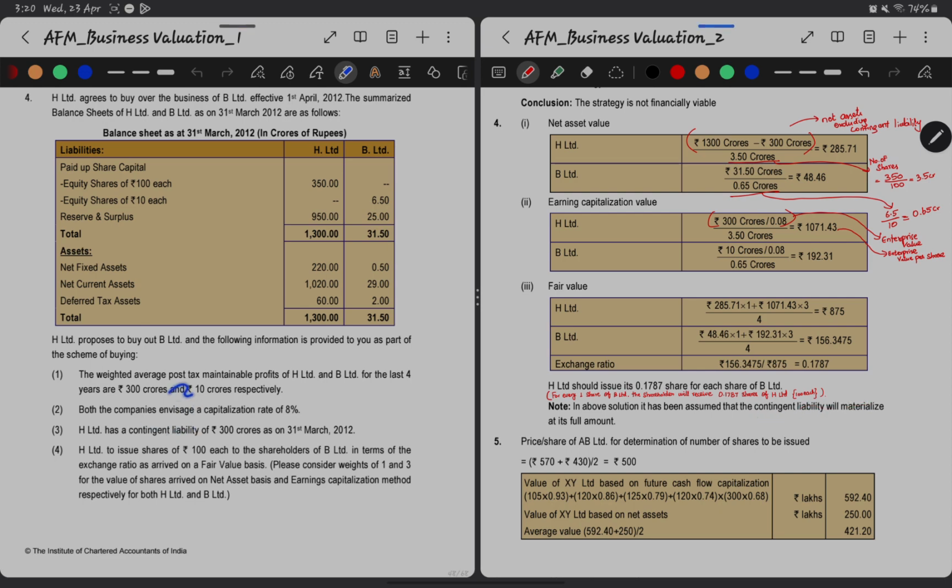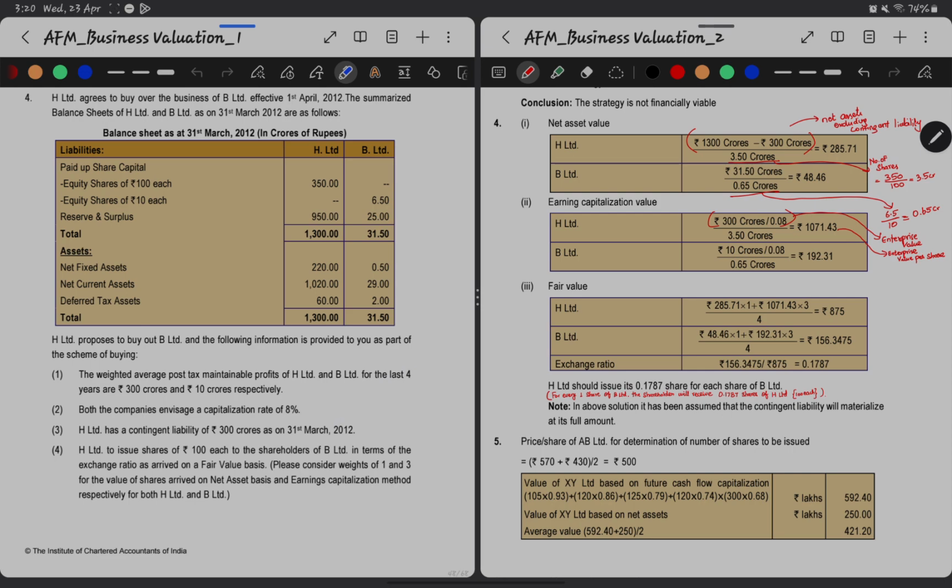Means what? The 300 crores of liability H Limited will incur and has to be paid by the company. Hence, if it is paying this 300 crores, then its net assets will come down, right? So 1300 minus 300 will give us 1000 crores.